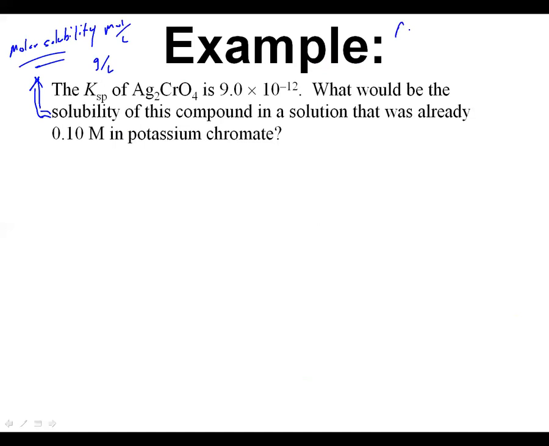Silver, 107.9. Cr, 52. And oxygen, 16. All right, so calculate the molar solubility and solubility in grams per liter of this guy in a presence of 0.1 molar potassium chromate and see what you come up with. We'll talk about it in a couple of minutes.